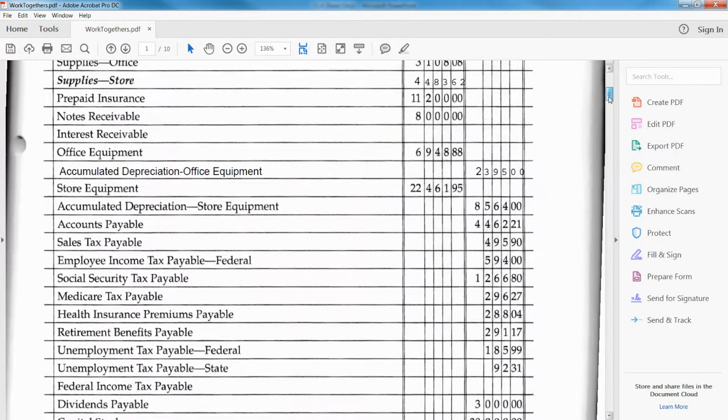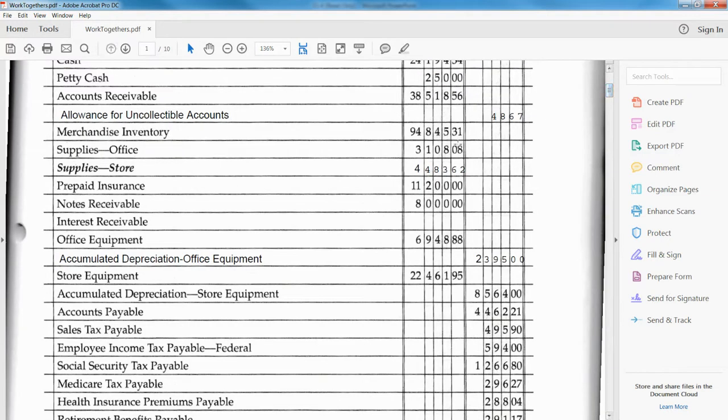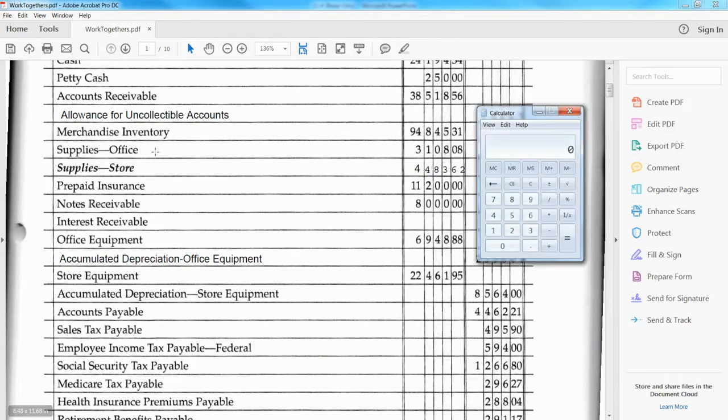Now, to figure out how much, we have to look back to our unadjusted trial balance, or you could look at your general ledger and you see that the balance is $3,108.08. So I'm going to type that into my calculator, 3108.08.